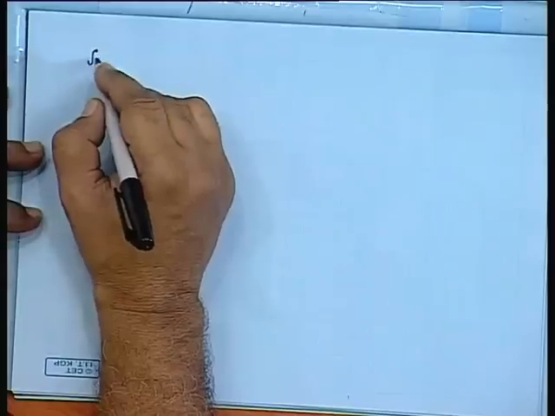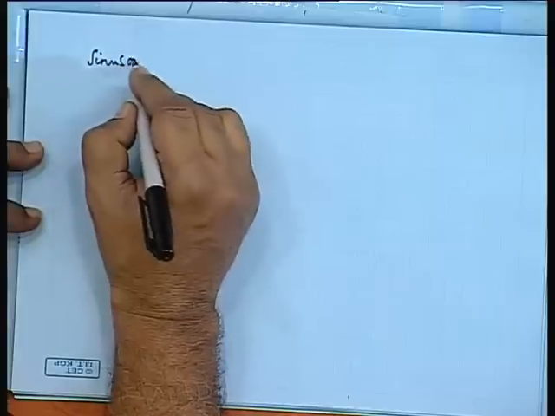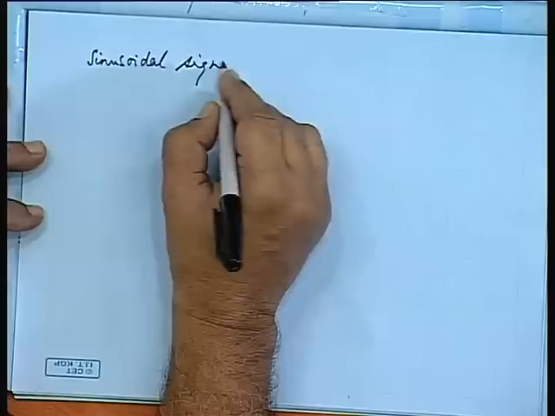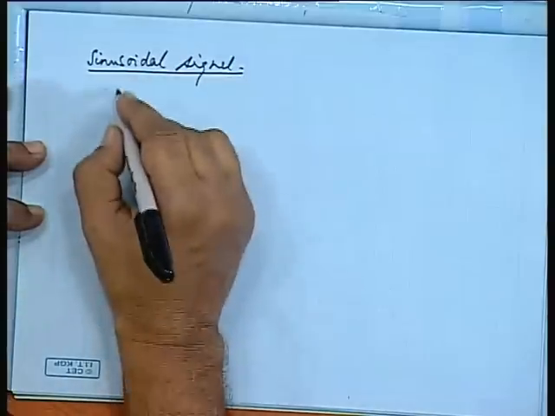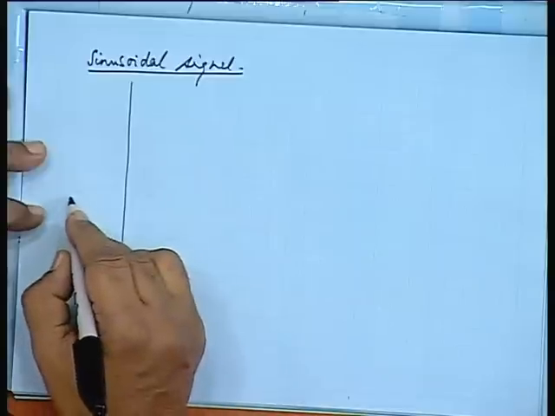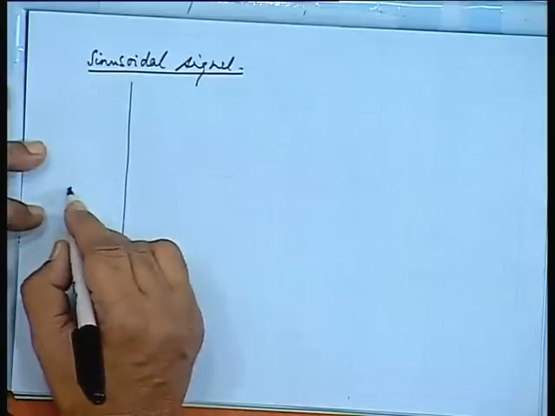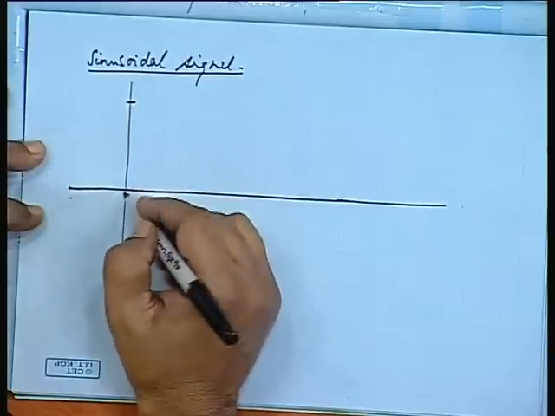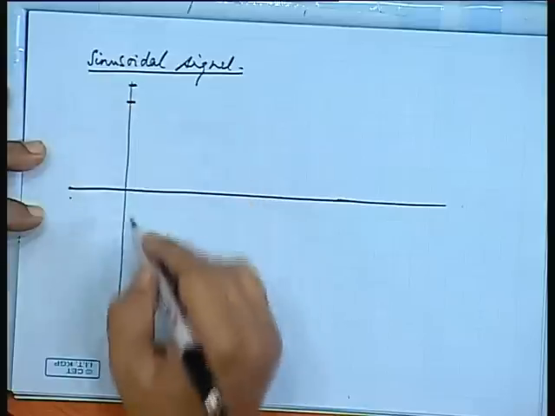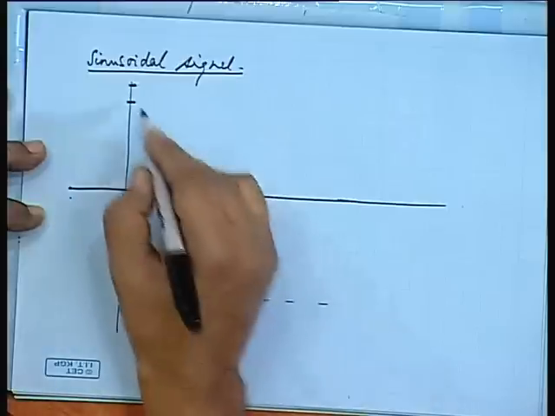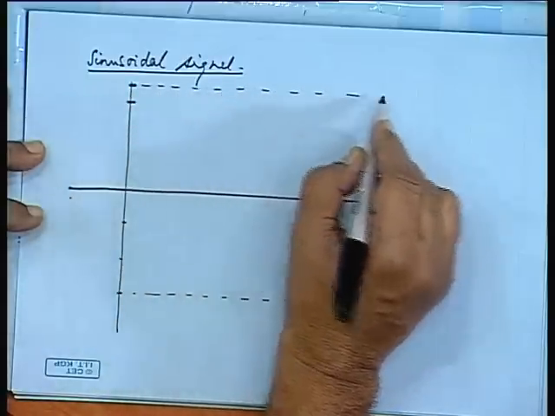Suppose we have a sinusoid. A sinusoidal signal. Varying between, say, plus minus 1. Okay.